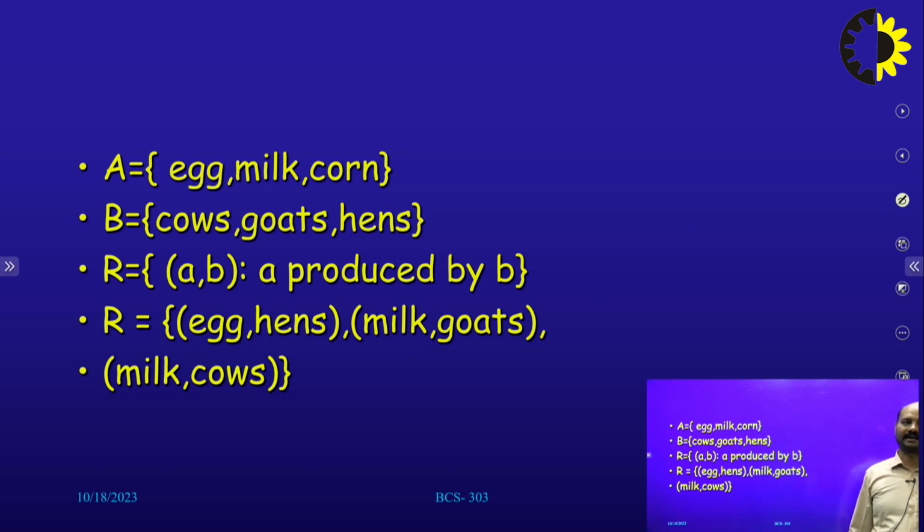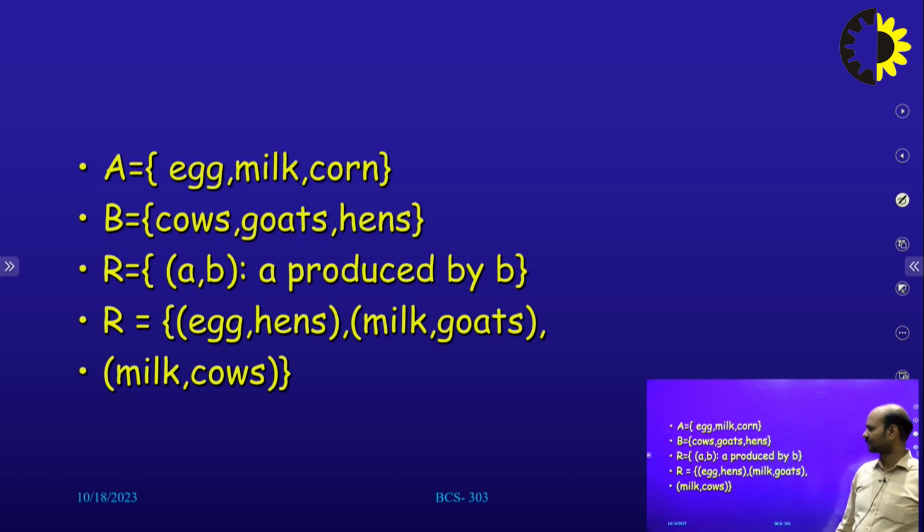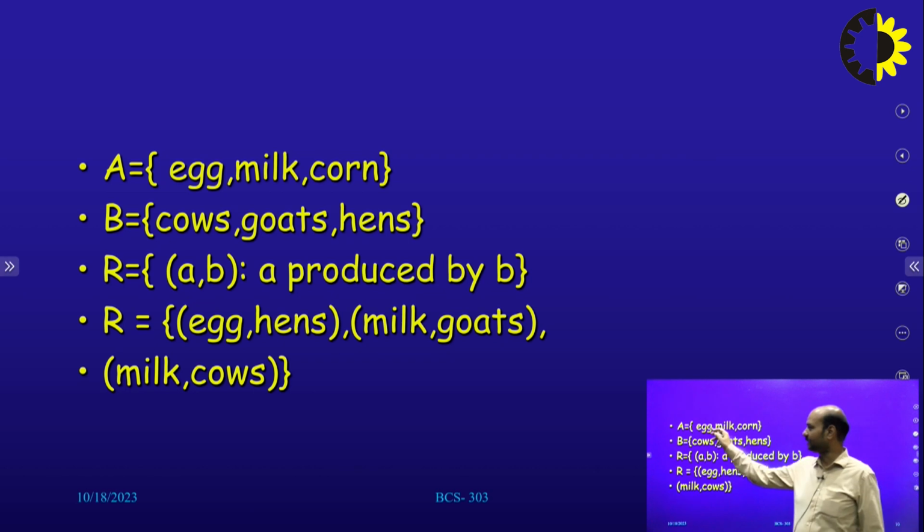Like this, we have two sets A and B. There are some elements present in A and B. A has the elements egg, milk, corn, and B has cow, goats and hens. So we have a certain relation (a, b), which means the first element from set A has a relation with the second element from set B, that is, A is produced by B. Egg produced by cow?